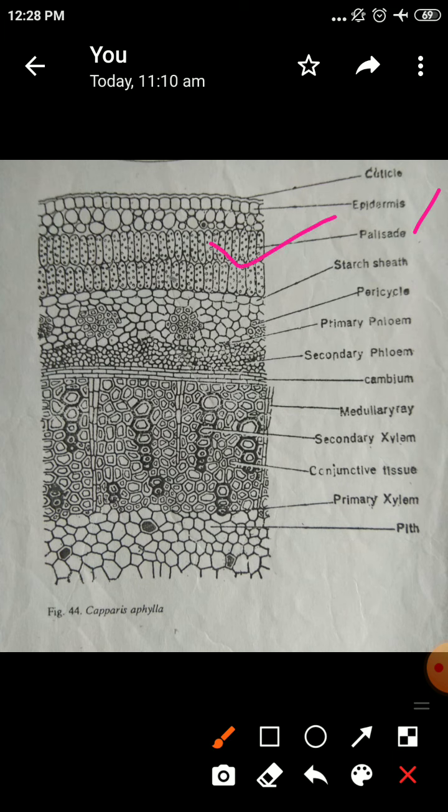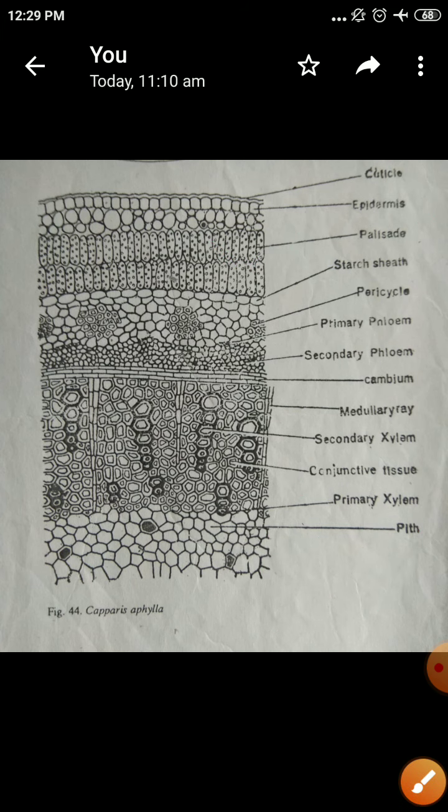This is palisade-like, columnar cells containing the photosynthetic pigments. These cells are radially elongated, compactly placed columnar cells. So presence of palisade tissue, photosynthetic tissue in the stem, this is the anatomical adaptation.